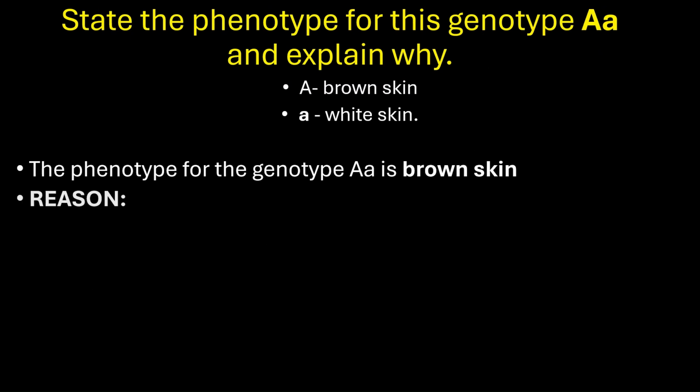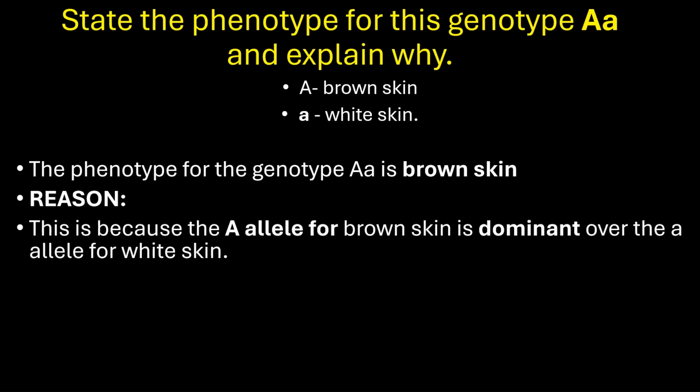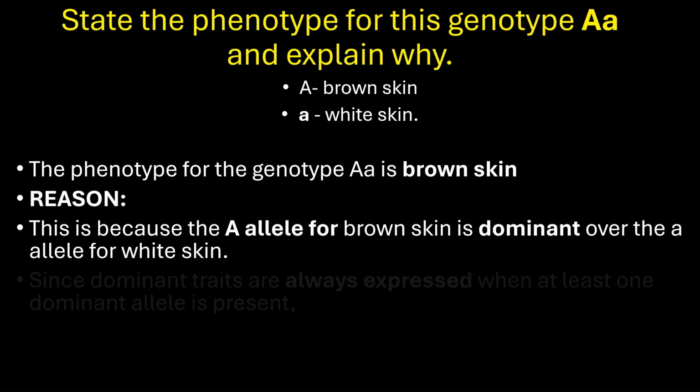We have decoded it. What are our reasons? This is because the capital A for brown skin is dominant over the small letter a allele for white skin. Now you don't have to write small or capital in exam. Just simply put capital A or small letter a, and we know what we are trying to say.